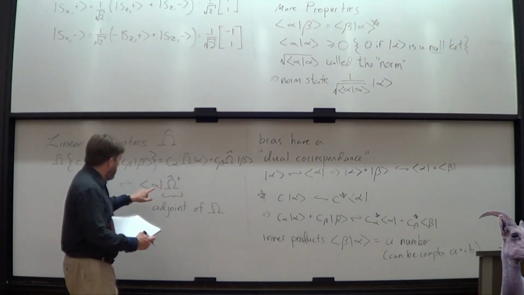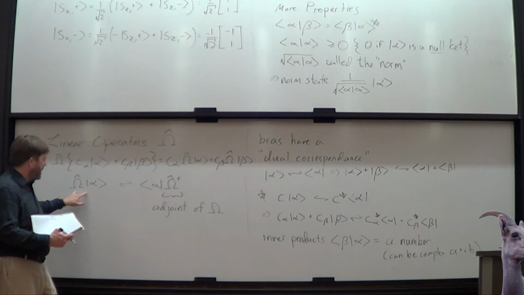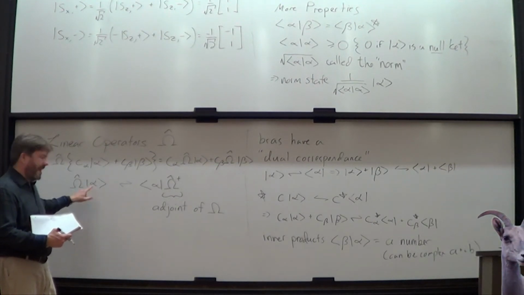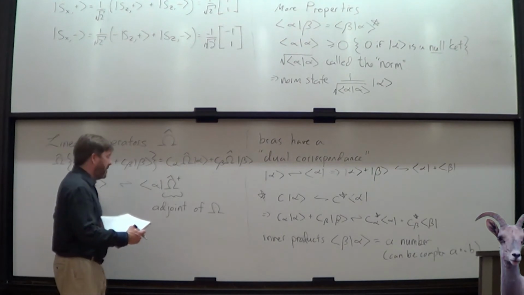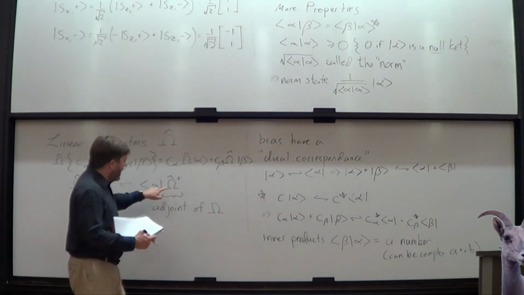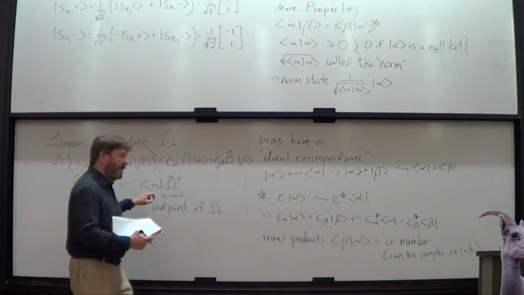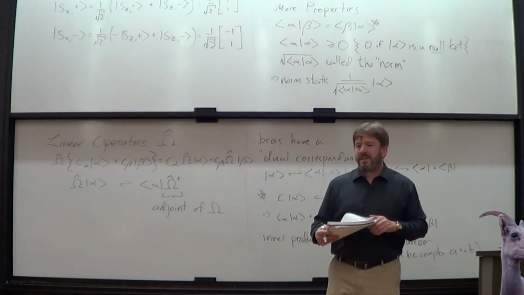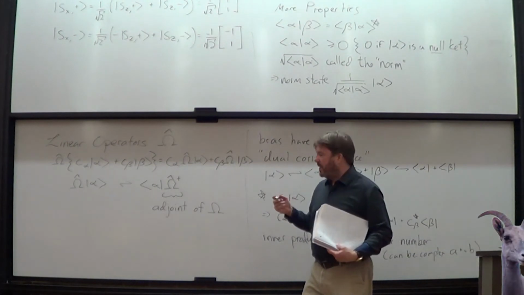Okay, so here's the point. When we operate, and again, you have seen a bunch of operators, don't forget that. I mean, you've seen a bunch of wave functions. Kets are not quite wave functions, but it's good to think of them that way now. But when you're working on the bra, you may have to change it. So that's the point. Now, how often does this happen? It's rare.